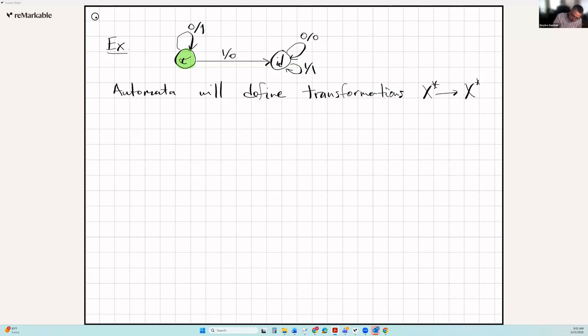So an example will be like that. Suppose that you start from an input word. Let's say that you read 0, 0, 0. Well, maybe let me just space them out a little bit. It's 0, 0, let's say 1, 0, 1. Okay, and this is the input word. And suppose that you start with the state tau. So this is input, these are states, and this is output.